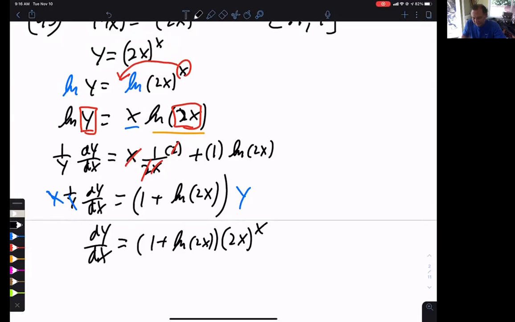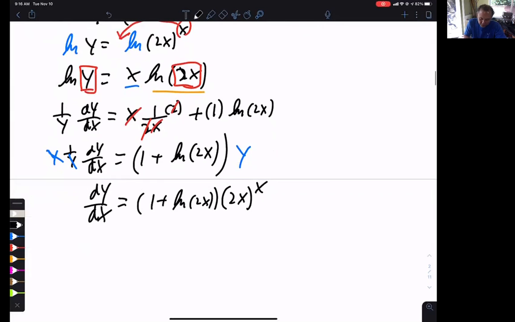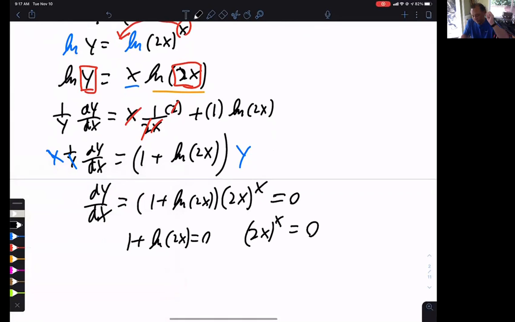Now, we set both these factors equal to 0 because we want to find the critical points: 1 plus ln of 2x equals 0, and (2x)^x equals 0. I'll say this much: you can graph this on your graphing calculator, and you will see it never crosses the x-axis. That has no solution.